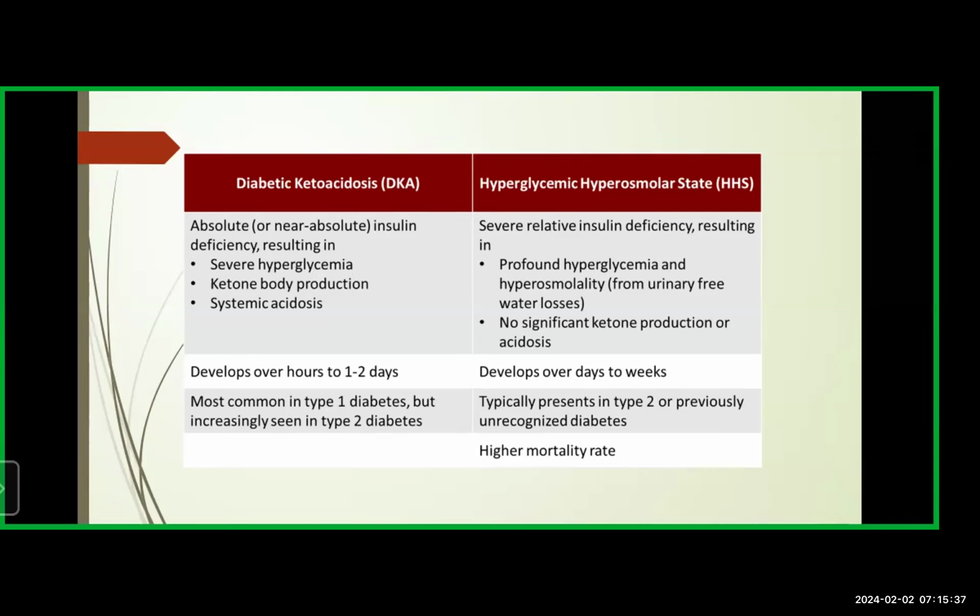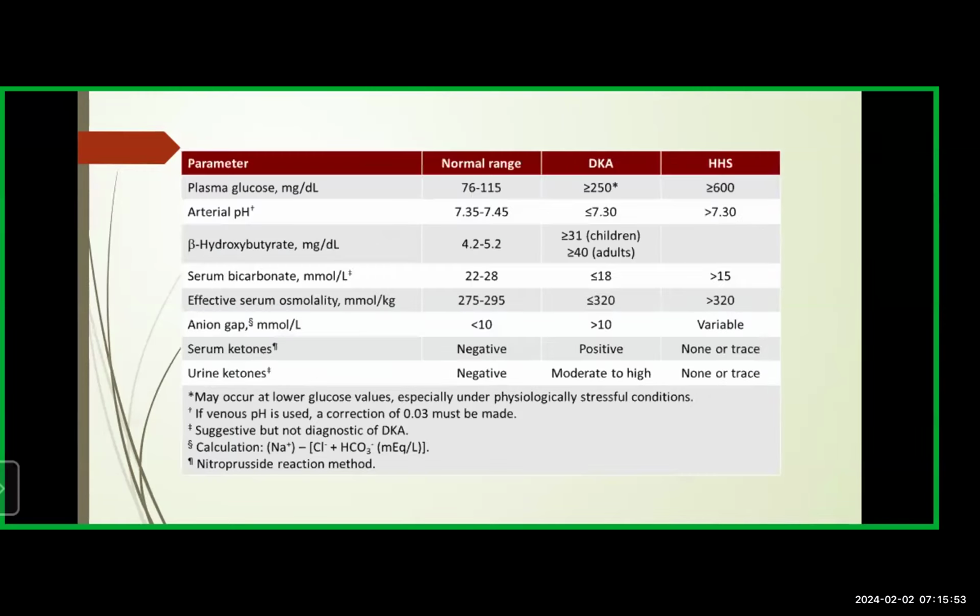DKA occurs acutely over 1 to 2 days, while HHS occurs subacutely over days to weeks. DKA is mostly seen in patients with type 1 diabetes, while HHS is seen mainly in patients with type 2 diabetes and also has a higher mortality.